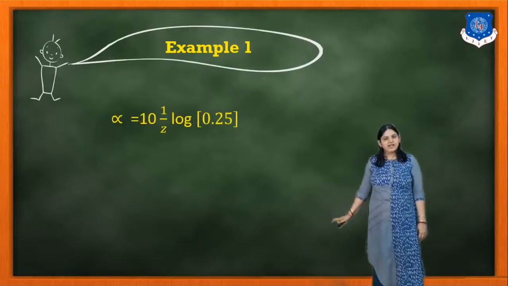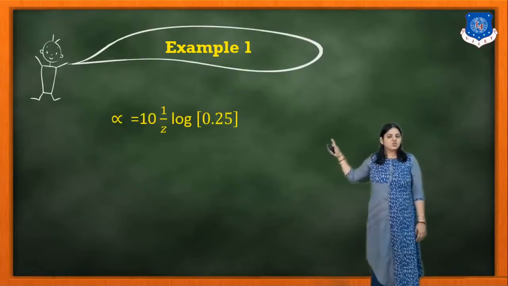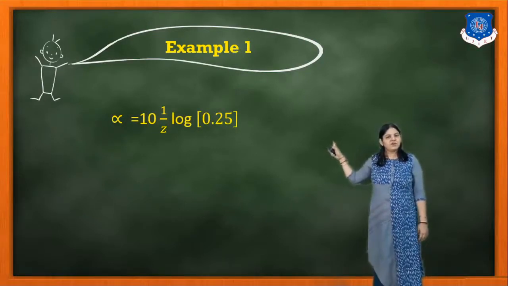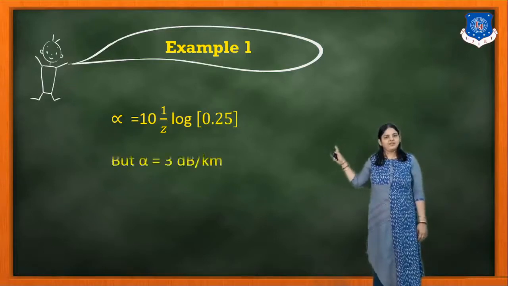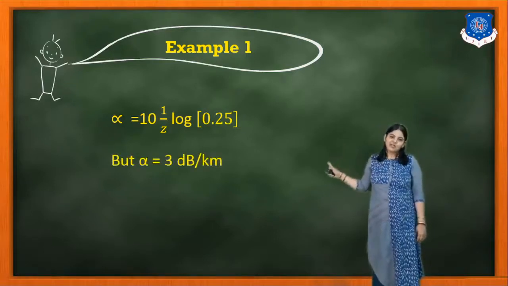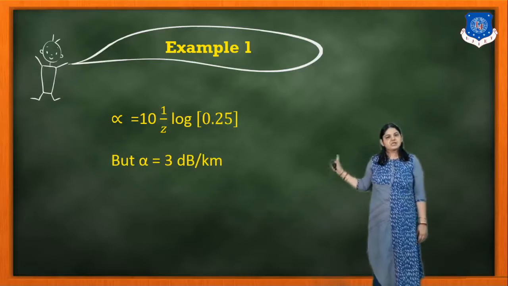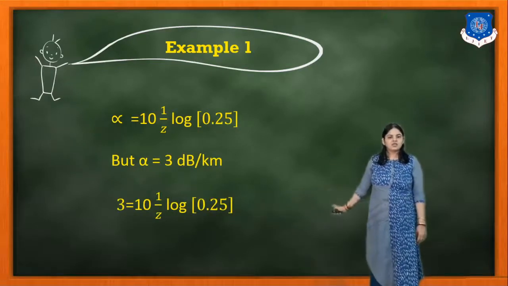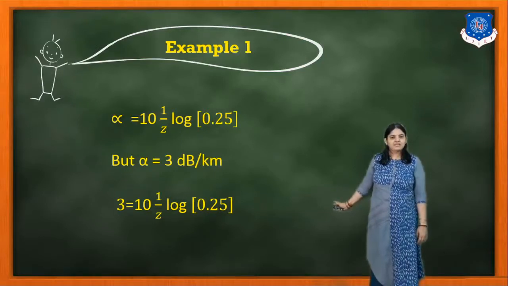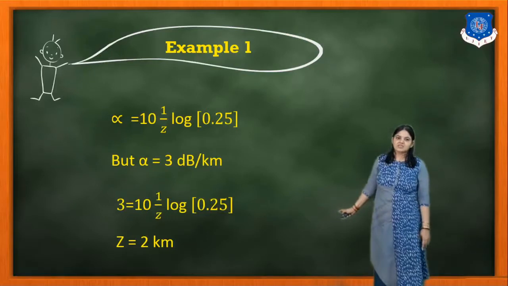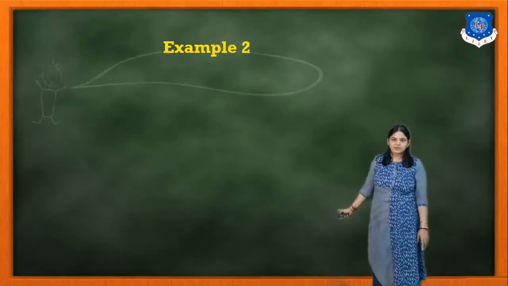We put that value in the alpha equation. But what is the value of alpha? Alpha is 3 dB per kilometer. So 3 is equal to 10 1 by Z log 0.25. So the answer is Z is equal to 2 kilometer.